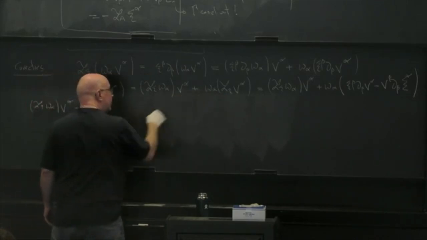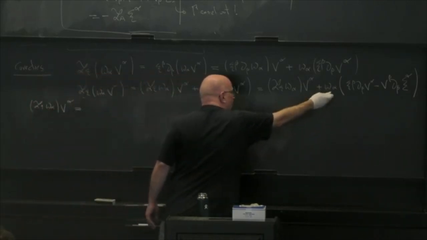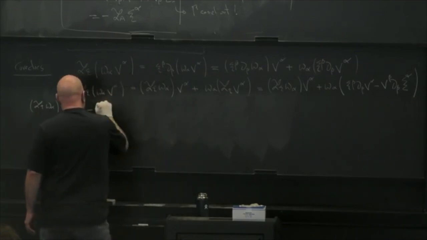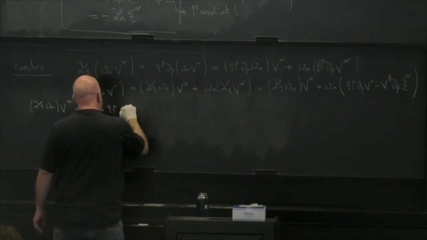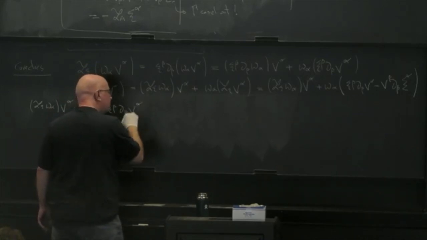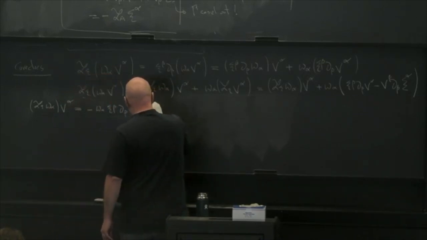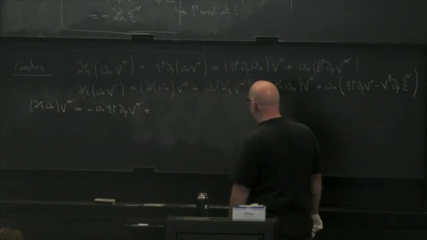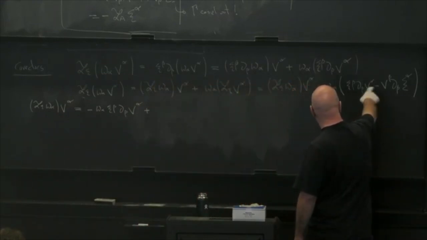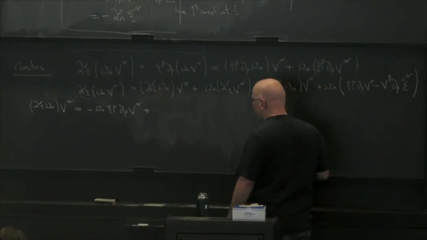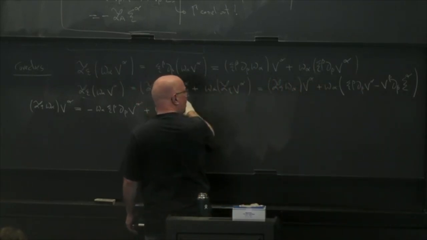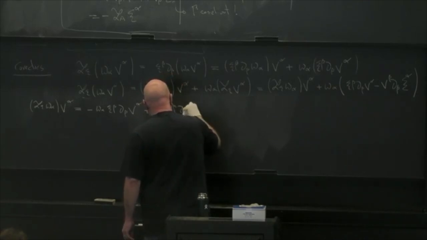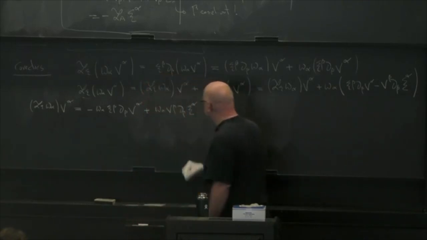So I'm going to have all of this over here, minus omega alpha c beta derivative of v alpha. And then when I throw this over to the other side, I'm going to turn that minus into a plus. So it's going to be omega alpha v beta derivative of c alpha.